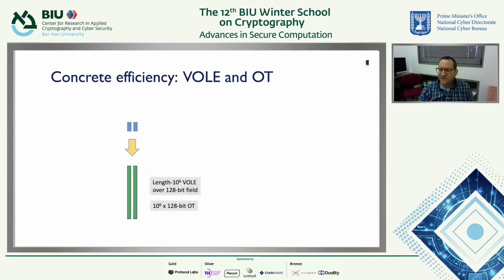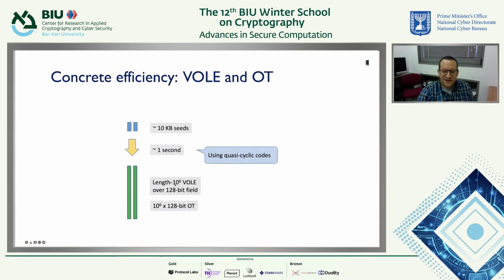Okay, so let me give a couple of data points on concrete efficiency, and we'll hear more about that from Peter tomorrow. So if you want to generate VOLE or OT, here's 1 million instances of VOLE over a 128-bit field, or 1 million instances of 128-bit string OT or bit OT, it doesn't matter.